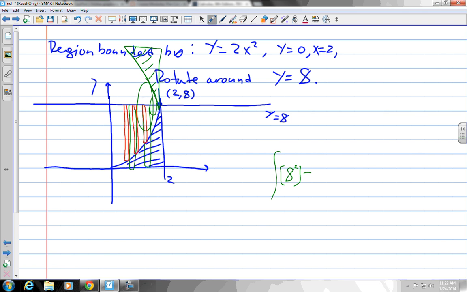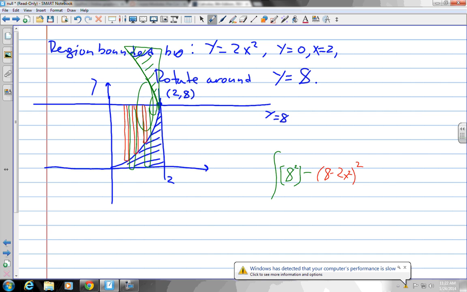Well, I can leave it the way it is, because I'm rotating still. Right. It's 8 minus 2x squared. Right. This is how you find this distance. So this inner radius is 8 minus 2x squared, but then still squared. Right. dx times pi from 0 to 2.